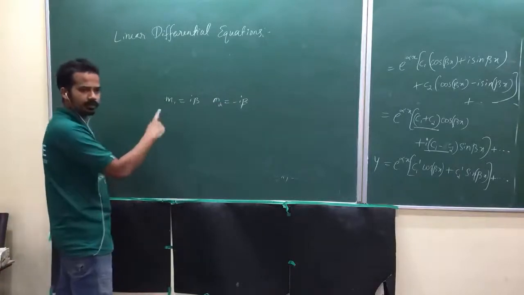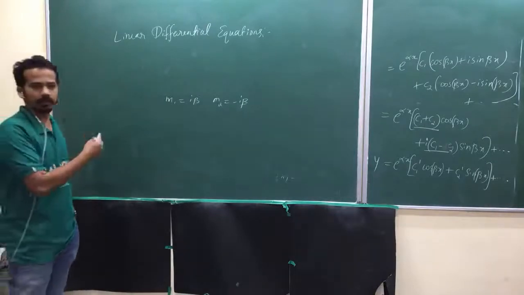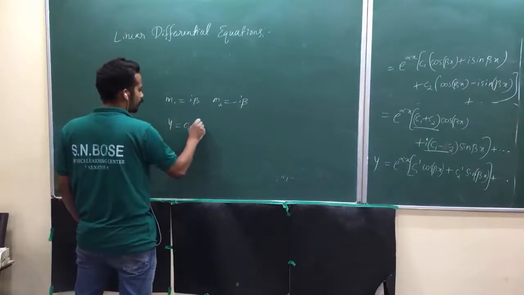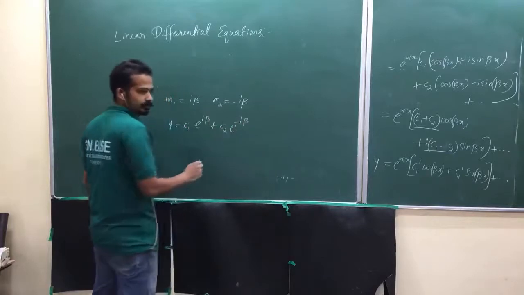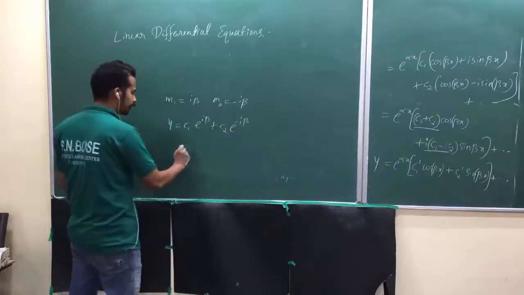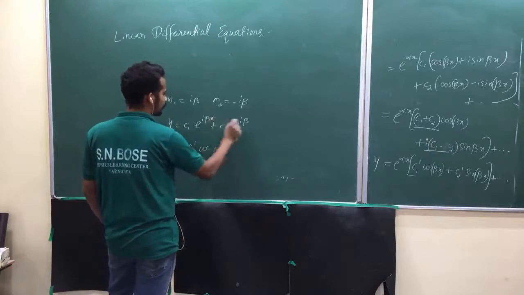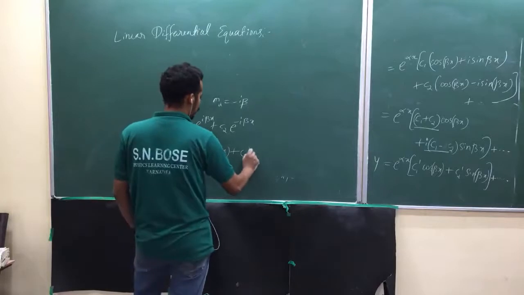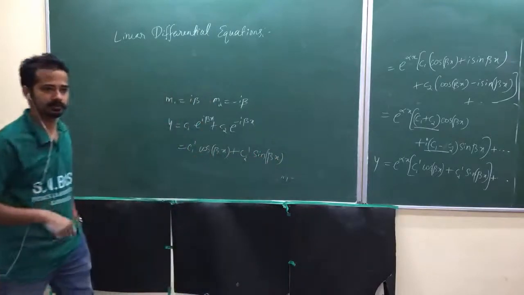Second order differential equation, it will have only two roots because your auxiliary equation will be second order polynomial. So then your solution will be C1 into e power I beta plus C2 into e power minus I beta. Now you can manipulate this one, C1 dash into cos beta x plus C2 dash into sin beta x. Is that okay? This is very frequent situation.